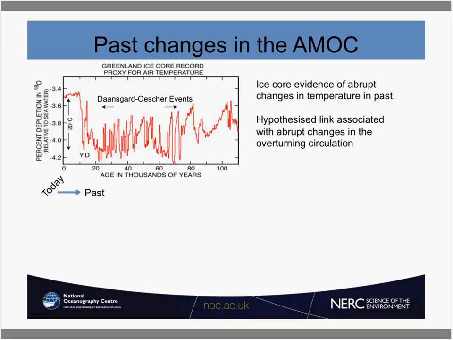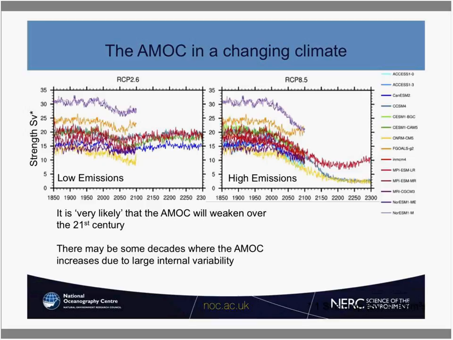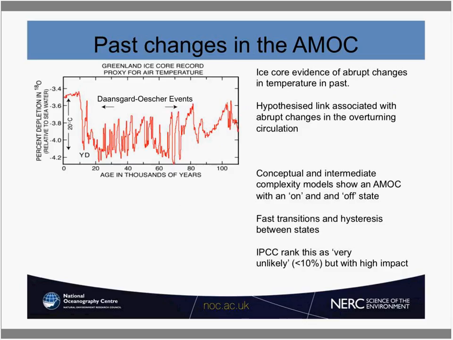This kind of large, on and off scale oscillation in the overturning circulation is reminiscent of a driven oscillator. And there are some models that do show that the AMOC has an on and off state.